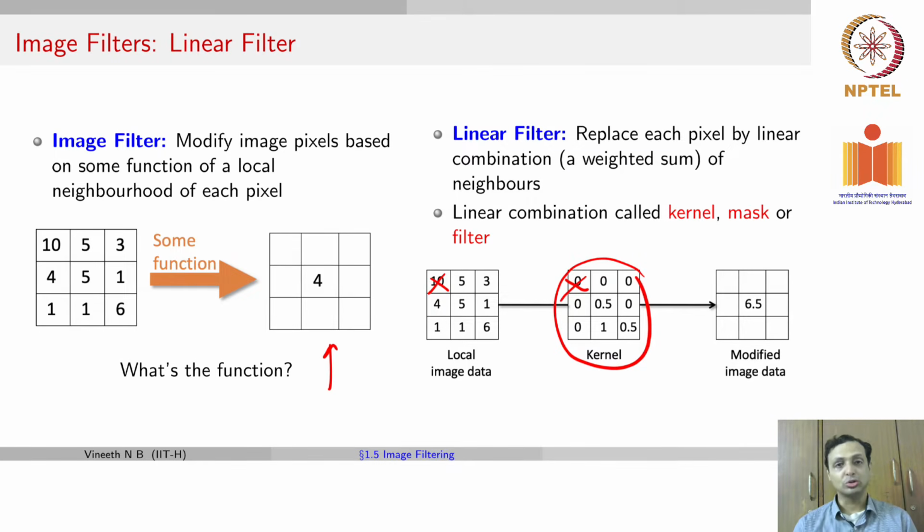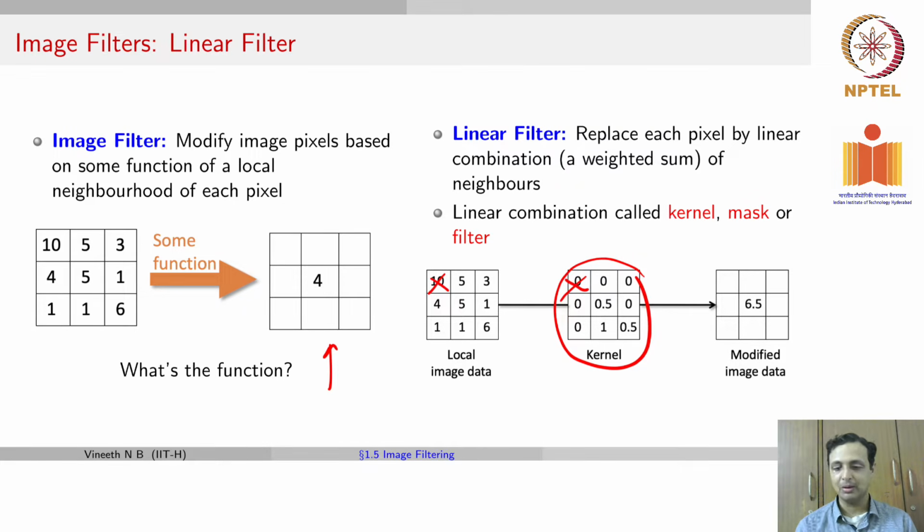So this filter is also sometimes called a mask or kernel. These terms are overloaded in other fields. They mean different things in other fields. But when we talk about image processing or low-level computer vision, or today even in computer vision, we call them filters or masks or kernels.